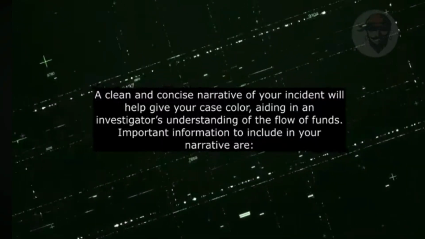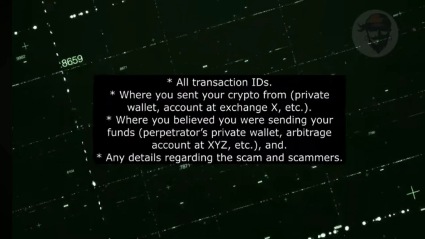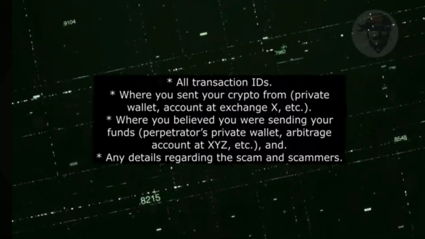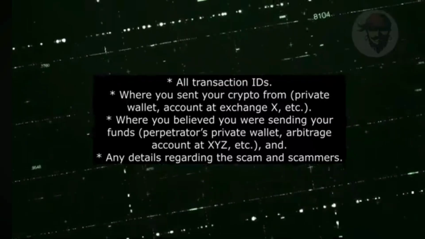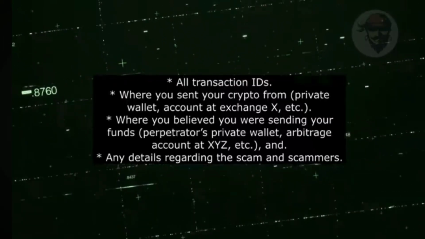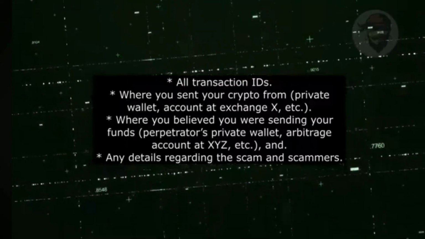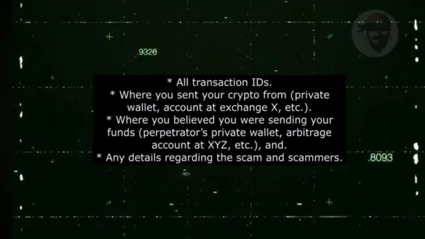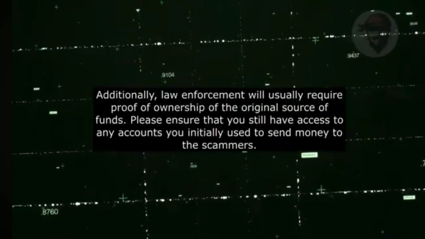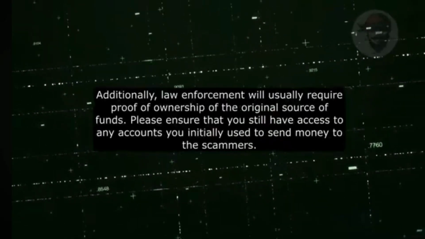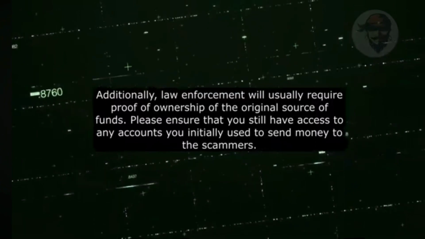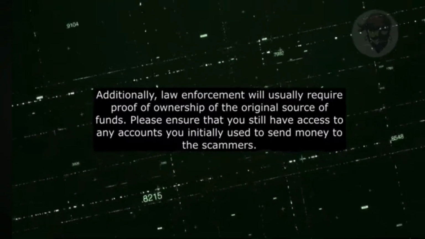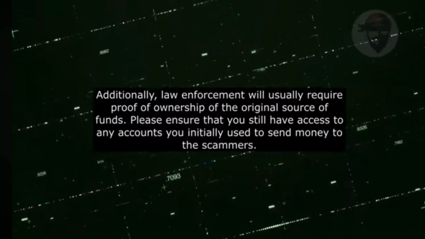Important information to include in your narrative are: all transaction IDs, where you sent your crypto from, private wallet, account at ExchangeX, etc. Where you believed you were sending your funds, perpetrator's private wallet, arbitrage account at XYZ, etc., and any details regarding the scam and scammers. Additionally, law enforcement will usually require proof of ownership of the original source of funds. Please ensure that you still have access to any accounts you initially used to send money to the scammers.